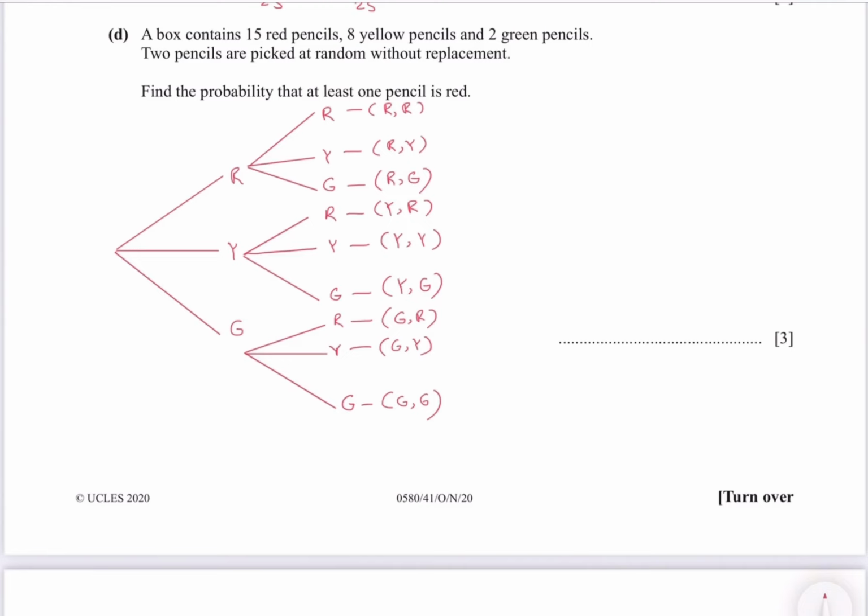So where are at least one pencil red? So it is at RR, RY, RG, YR, and GR. So first of all, write down their probabilities.